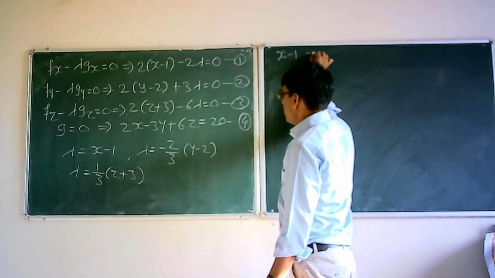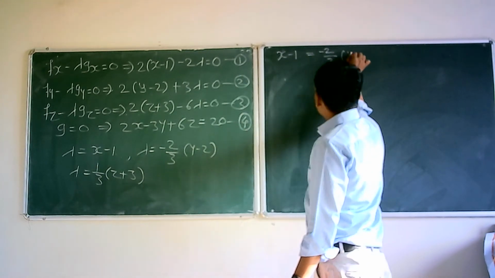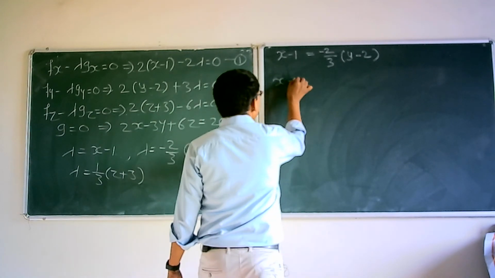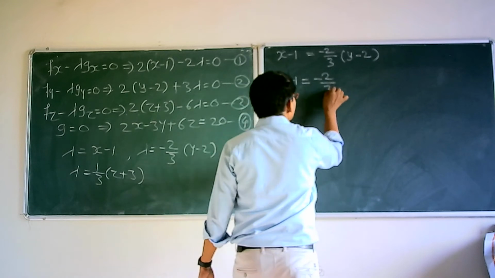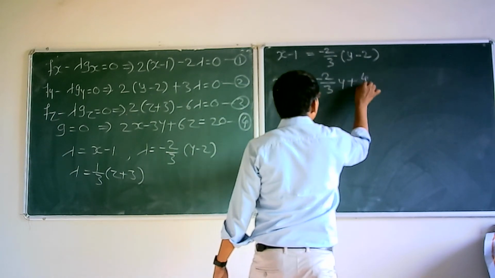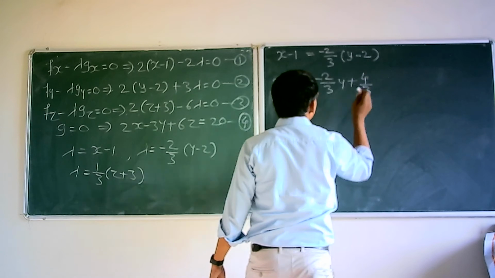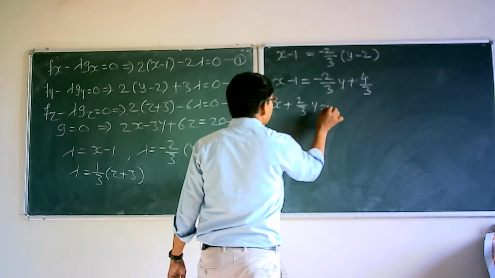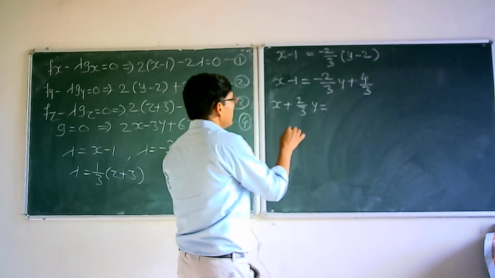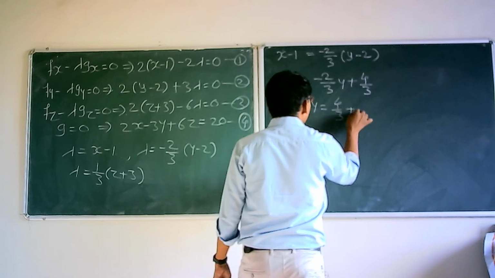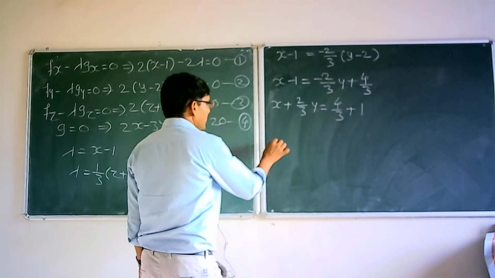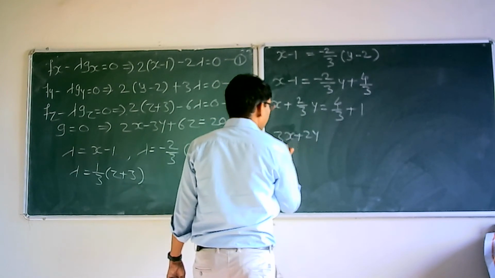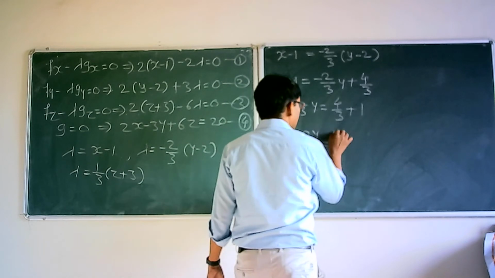So x minus 1 is equal to minus 2 by 3 y minus 2. From this we get x minus 1 is equal to minus 2 by 3 y plus 4 by 3. So x plus 2 by 3 y is equal to 4 by 3 plus 1, and from this we get 3x plus 2y divided by 3 is equal to 7 by 3.